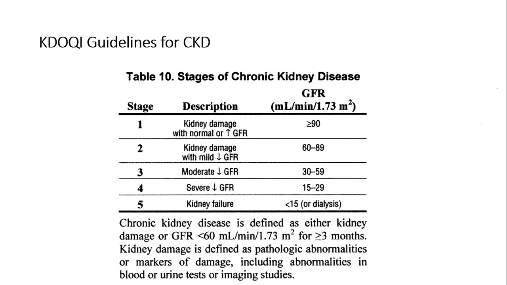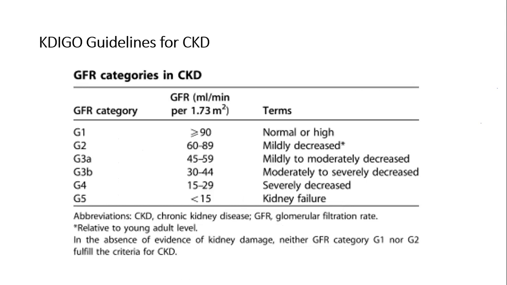This is for KDOQI. Now, KDIGO is a repetition of KDOQI, but just for the breakup at stage 3. So grade 1 is 90 or more. Grade 2 is 60 to 89. Grade 3A is 45 to 59.